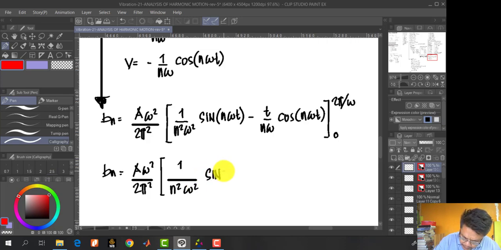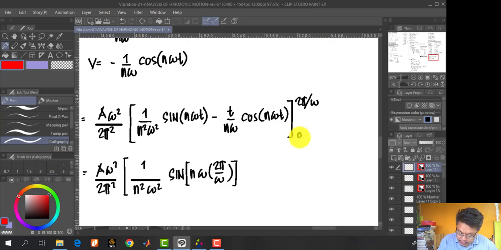So this is sine. I'll close the bracket so it looks nicer. Then the value of t, that is the boundary, so that will be 2 pi over angular velocity. And usually there is also a value of 0.